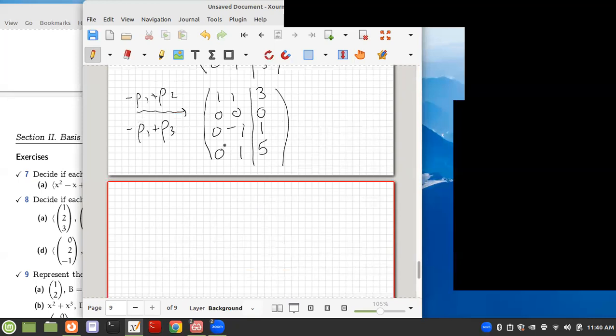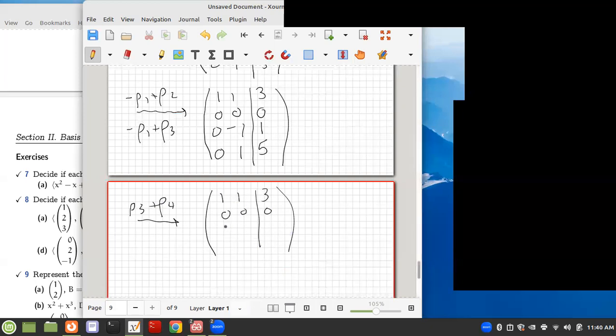I have to put the 0 row at the bottom formally to be an echelon form, and I have to get rid of one of these. Probably the simplest way is row 3 plus row 4, which leaves these alone. And then 0, minus 1 plus 1 is 0, and 1 plus 5 is 6, right?